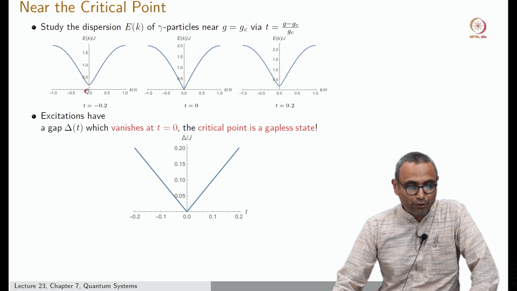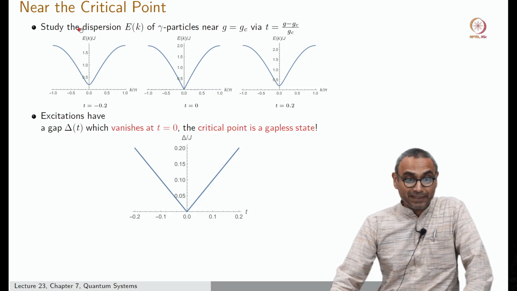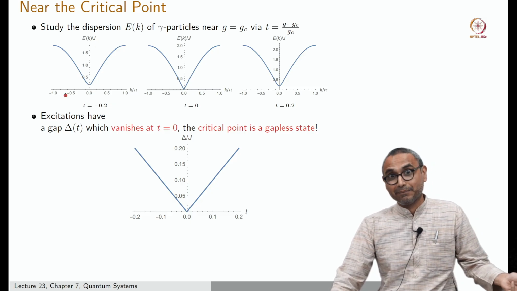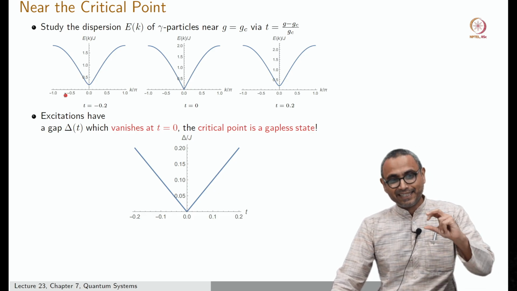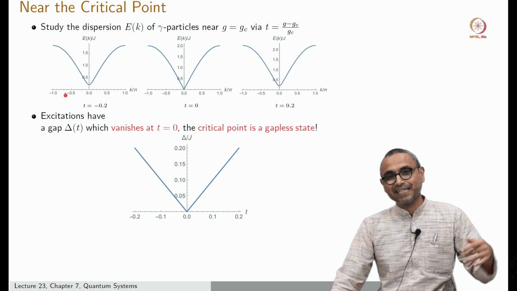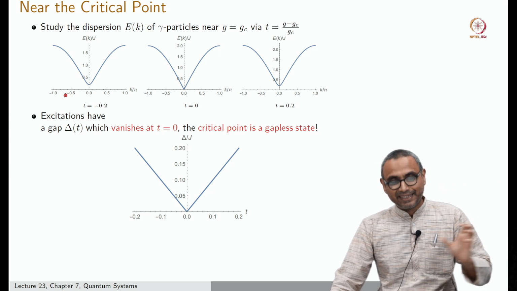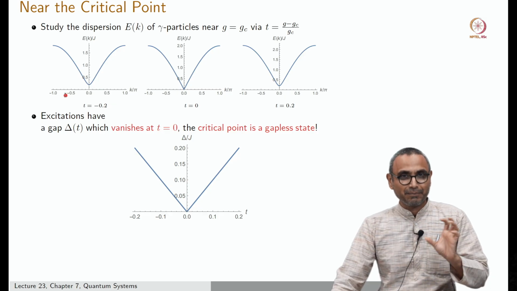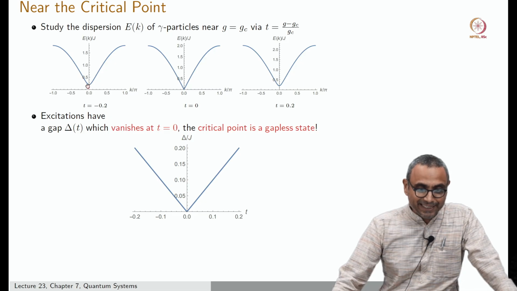There is no value of k at which the excitation has zero energy. Remember, this whole thing is done in the thermodynamic limit. If you go back to the definition of gap, you find the excitation at any finite system size, take the smallest value of excitation energy, and take the limit as n goes to infinity, and you will find that there is a finite gap.